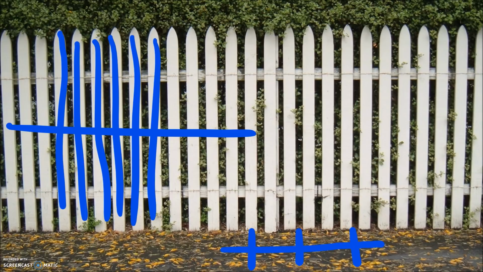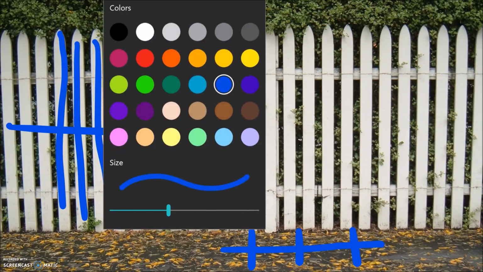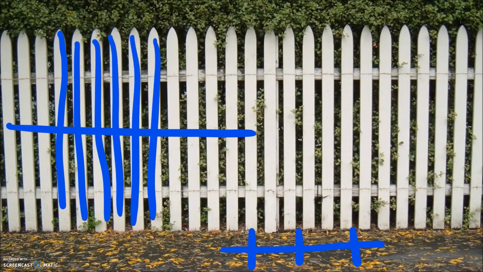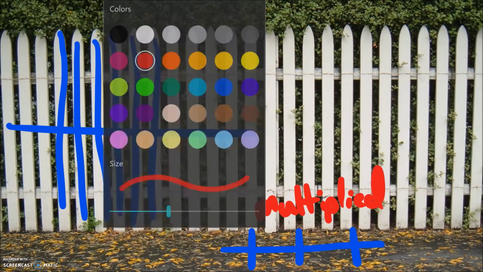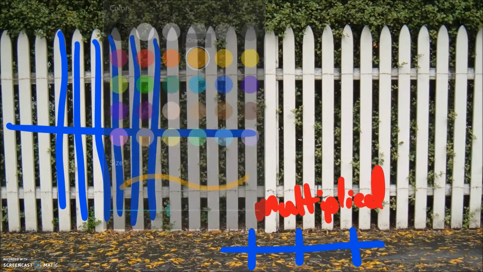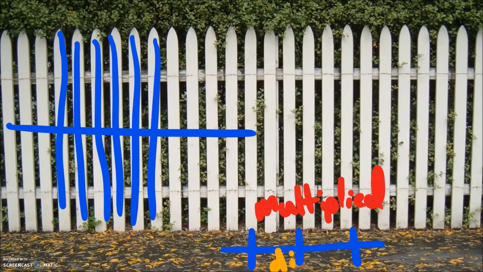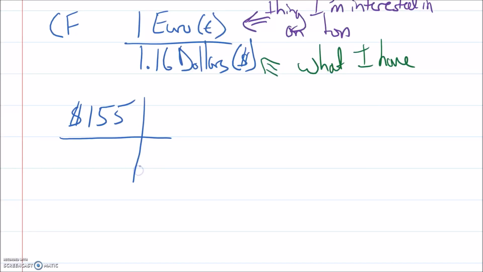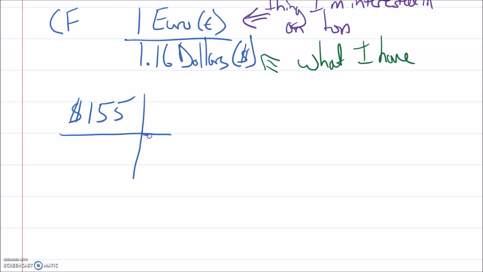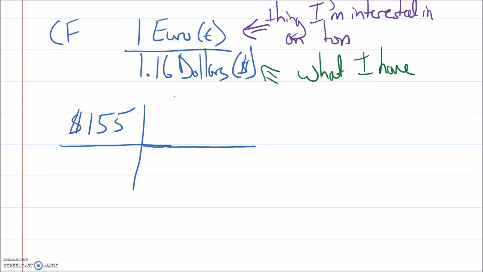So in this case, all the numbers that are on the top are multiplied, and all the numbers that are on the bottom are then divided. Restart. We put the $155 on the top of our picket fence, and then we go ahead and add our conversion factor on the next line.